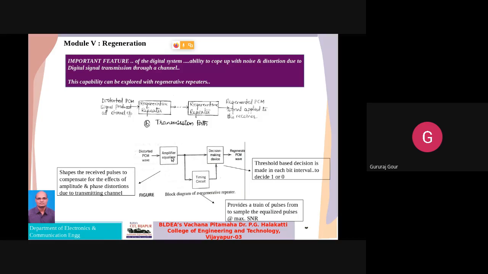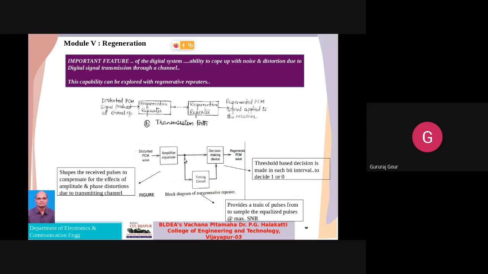So it is once again going to shape the received pulses to compensate for the loss. Suppose the original shape was lost for our differential encoded bit stream, that waveform we have to reshape. We have to regain that shape back. That may be happening because of the effects of the characteristics of the transmission path, maybe the noise or distortion, which are going to affect the amplitude or phase properties of our pulses, the train of pulses.